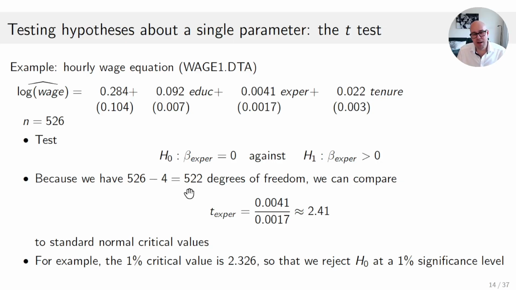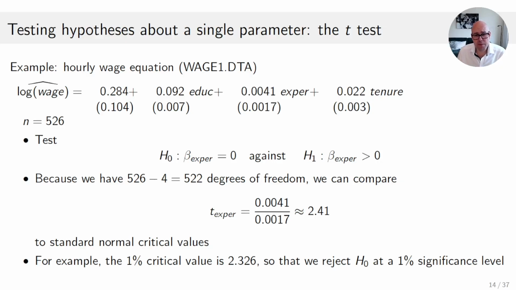If we do that, we have to look up the 99th percentile of the standard normal distribution, that is 2.326. 2.326 is smaller than 2.41. So what that means is that we reject the null at a 1% significance level even. Okay.